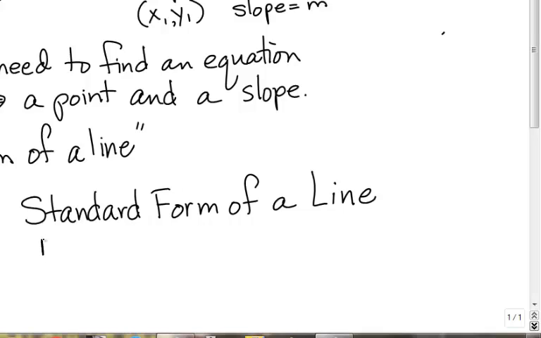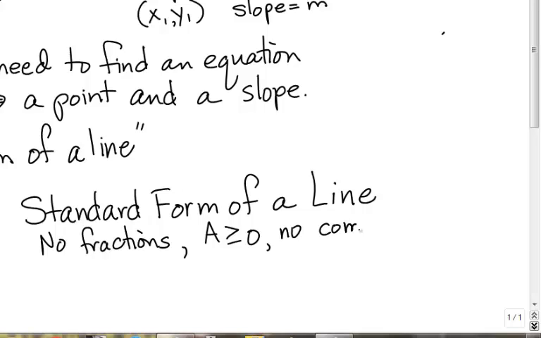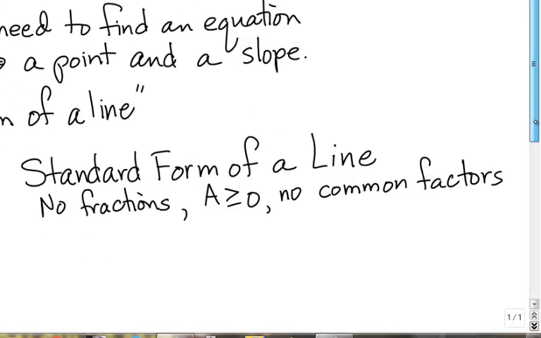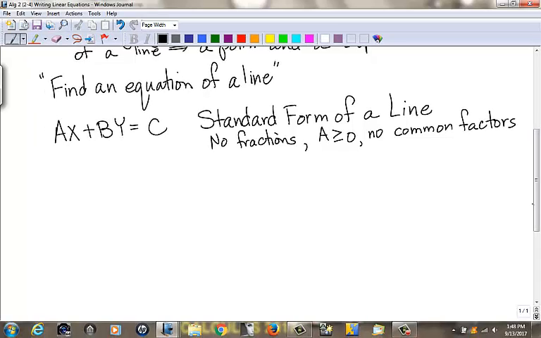Okay, there's no fractions. A has to be positive, A's got to be greater than or equal to 0, and no common factors other than 1. I think some of you learned that. That was in the notes, but you didn't do it on the homework. You can't have a factor in common other than 1.